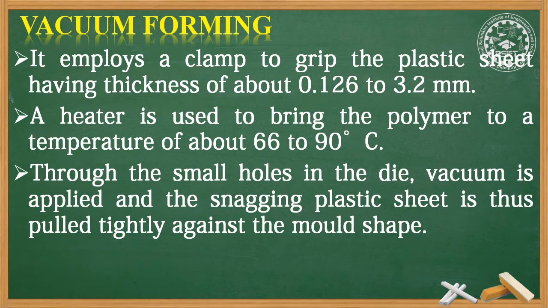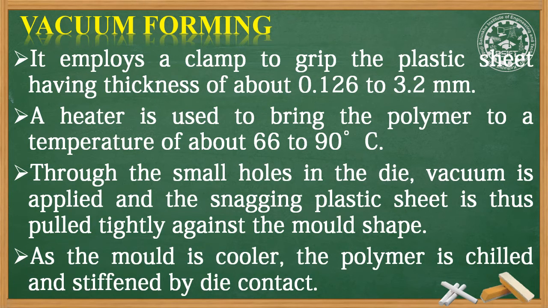Through the small holes in the die, vacuum is applied and the sagging plastic sheet is thus pulled tightly against the mold shape. जे त्या डायमध्ये स्मॉल होल्स आहेत त्याच्यातनं व्हॅक्यूम किंवा सक्शन अप्लाय करून ती जी प्लास्टिक शीट आहे ती त्या मोल्ड शेपवरती टाईटली पुल केली जाते.